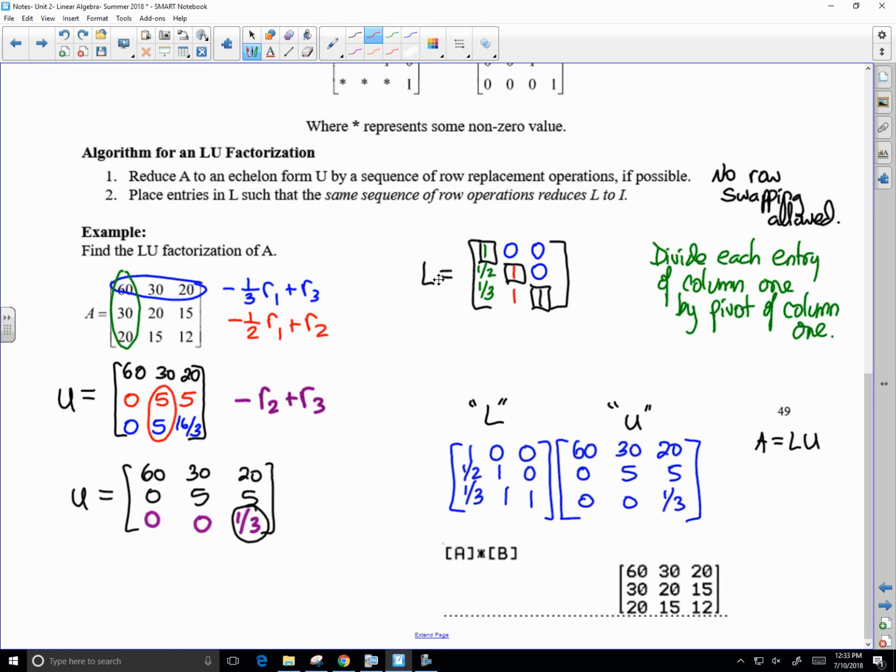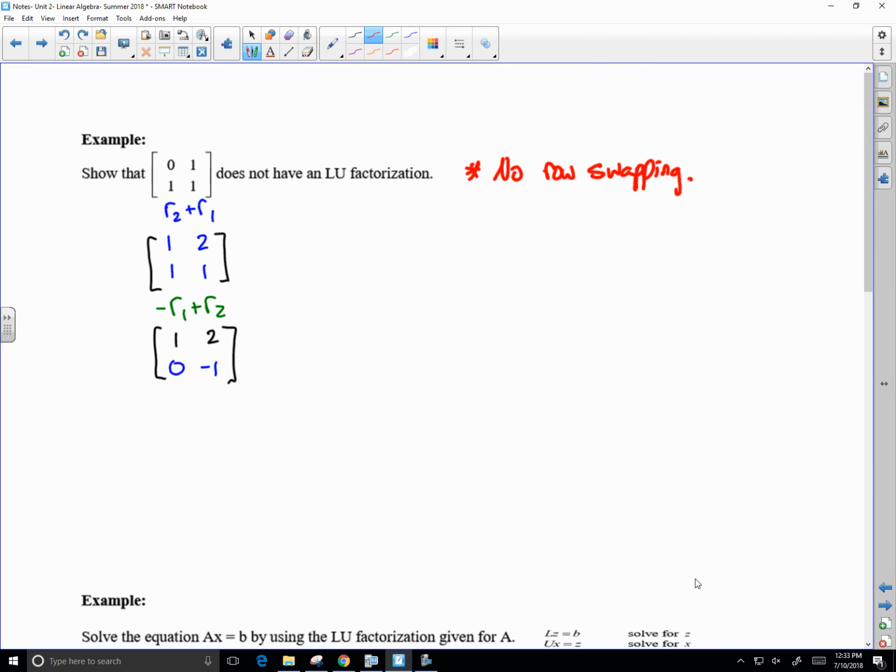The L is what we build based off of that information. We'd start building our L. We would assume zeros above the main diagonal, right? Because this is lower triangular.